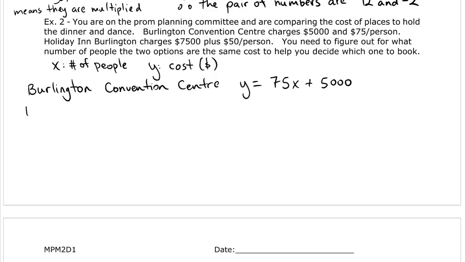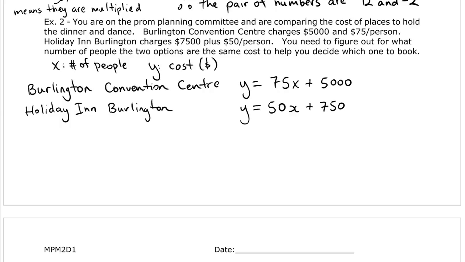And we also have the Holiday Inn Burlington cost as well. It has an equation where the cost y is equal to $50 per person, so 50 times x, which is the number of people, plus the initial fee of $7,500.